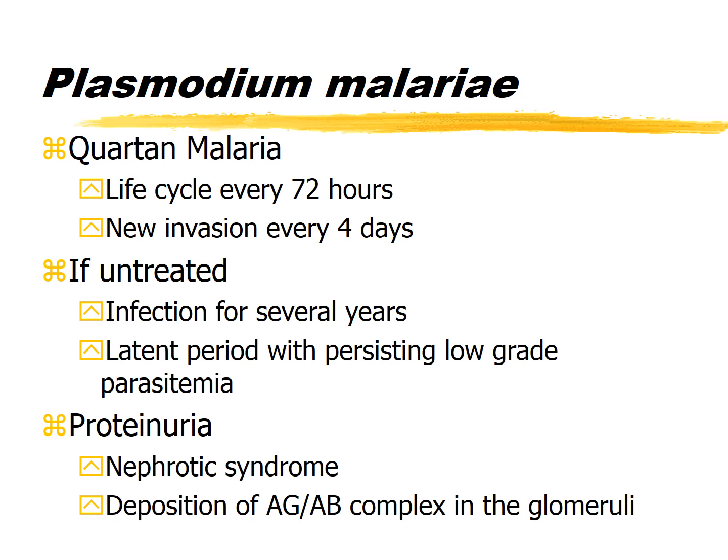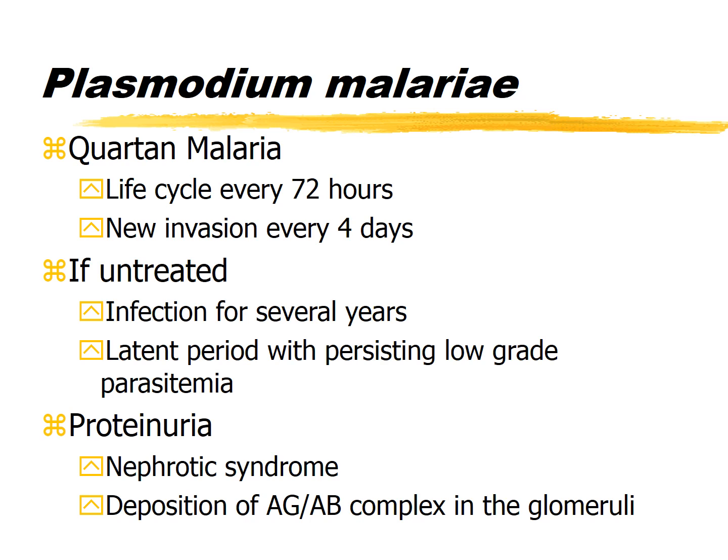Plasmodium malariae is a quartan malaria, meaning that it has a life cycle every 72 hours with a new invasion of red blood cells on the 4th day. If left untreated, the infection can last for several years. This Plasmodium has a latent period with a persisting low-grade parasitemia, so it's different than the dormant phase that we've seen in the liver.